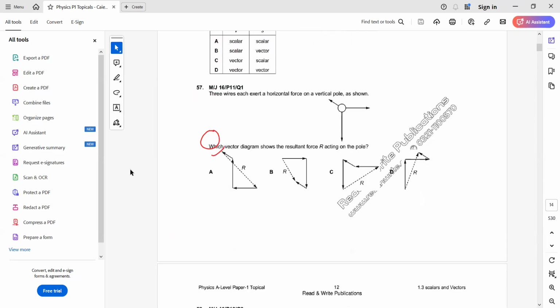Let's try question 57. This one would be... So what's your answer?